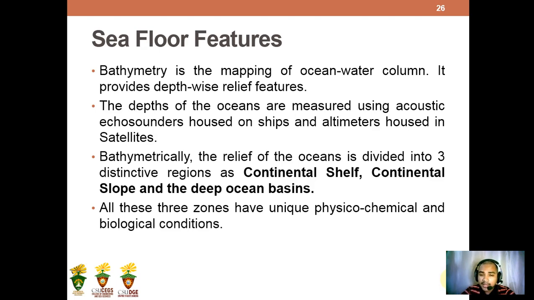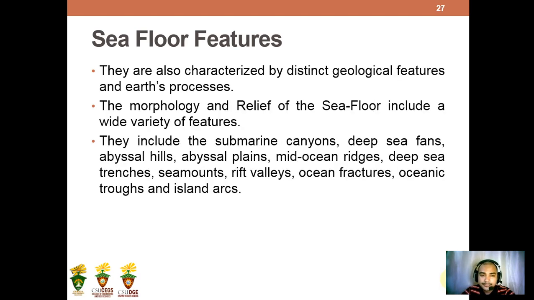Since each location or each place kung asa na to makita ang kaning continental shelf, the sloping part of the continental shelf, and the deep ocean basins is different or unique, no, when it comes to physico-chemical and biological conditions. Seafloor features are also characterized, no, by distinct geological features in the Earth's processes. It's part of the analysis.